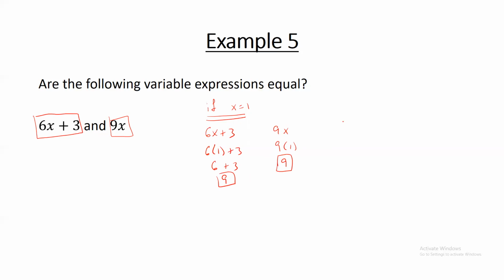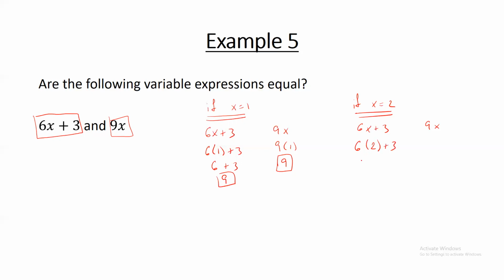What if we try a different number? Let's say x equals 2. Again, one expression is 6x plus 3. The other expression is 9x. Plugging in 2, 6x is now 6 times 2 plus 3.